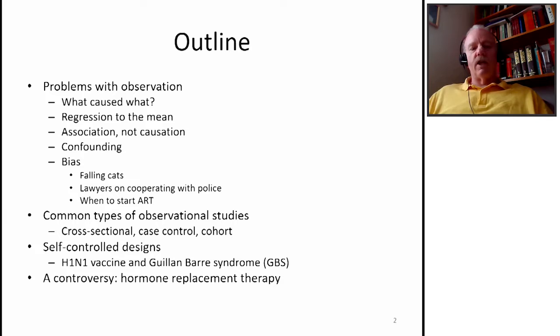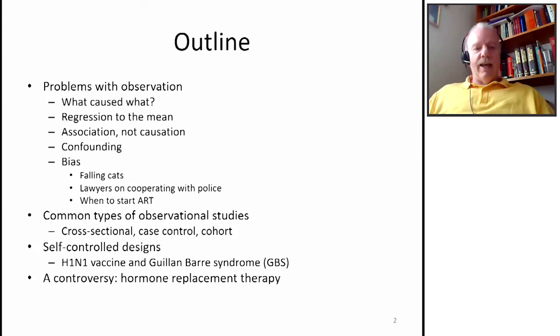I'm going to give you three interesting examples: one on falling cats, one on lawyers in cooperating with police, and I'm going to add a personal touch on that one. And the third is when to start antiretroviral therapy for people with HIV.